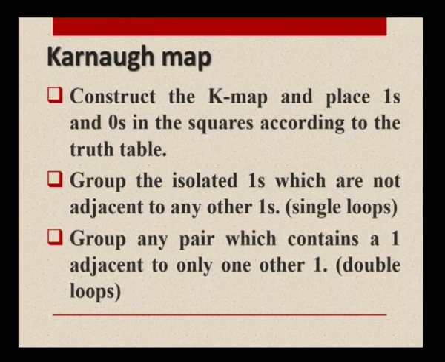Group the isolated ones which are not adjacent to any other ones, which is called a single loop, and if we could group any pairs, that means 2 characters which contain a one adjacent to only one other one, which are called double loops.